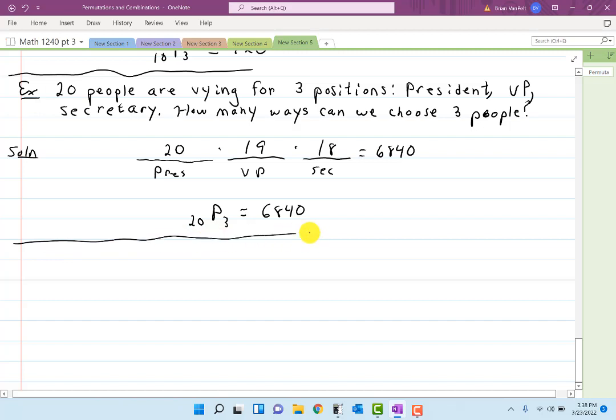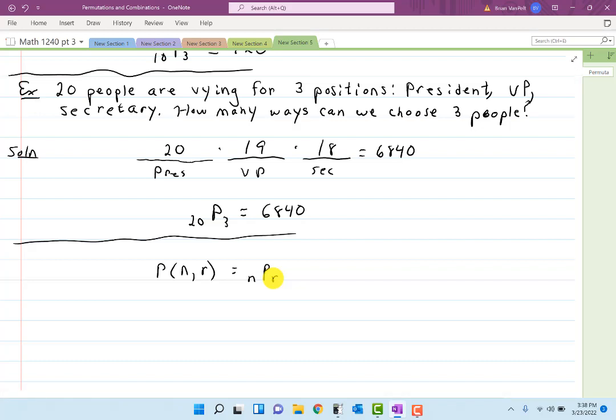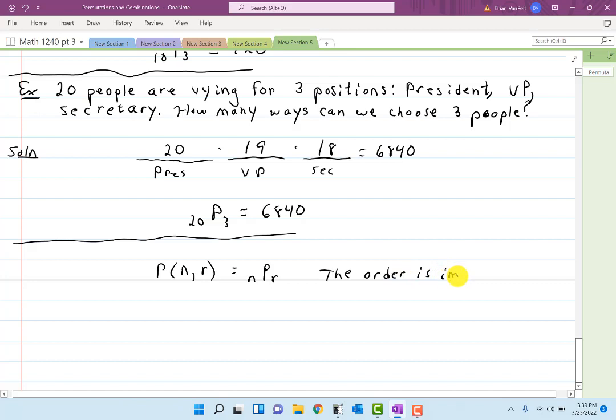I want you to know some places will do this P(N, R), and that's the same as our notion of NPR. So depending on what book you look at, they may have notation that's slightly different than ours. But keep this in mind. Whatever you do, the order is important. Notice in every single one of the problems that I did today, who came first, second, third, or whatever was important.